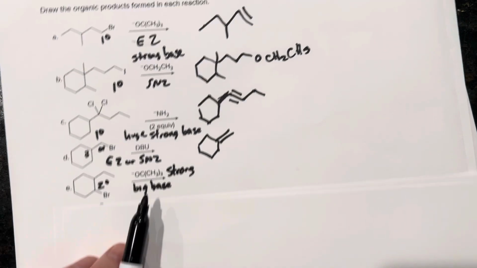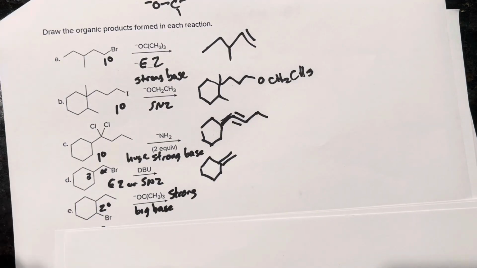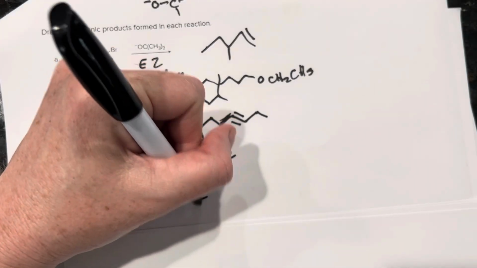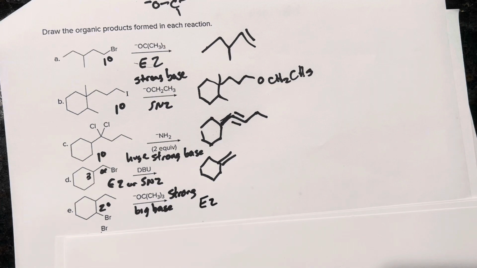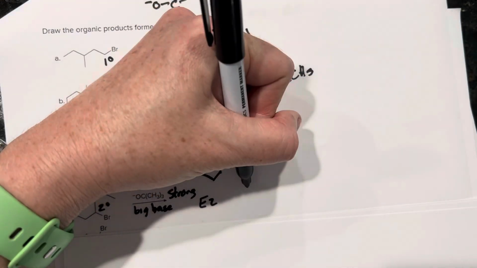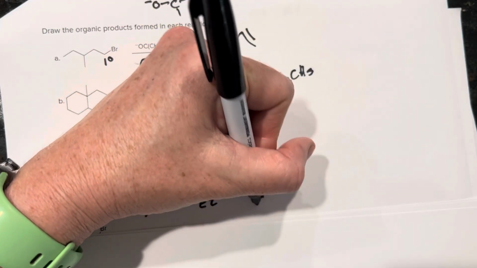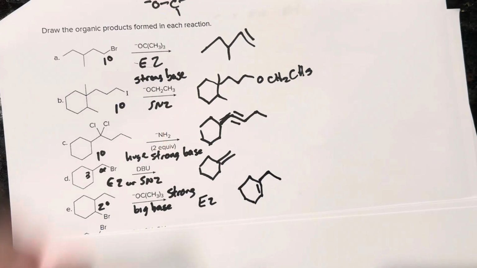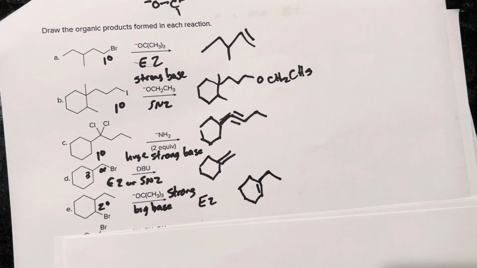And just like in A and D, with a big, strong base, we know it's got to go only via E2. If it goes via E2, we'll end up with this as our major product.